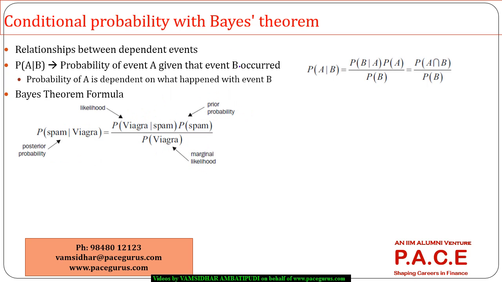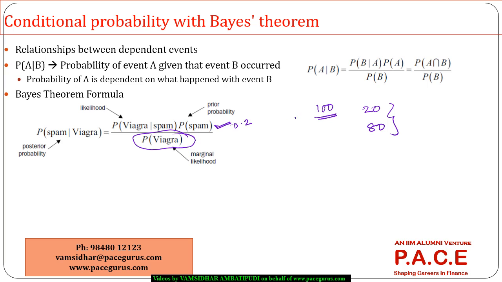If you see in the historical data, what is the probability that something is a spam? So out of 100 mails that I am looking at, let's say 20 of them are spam, 80 of them are hams. So the probability that something is a spam is 0.2. What is the probability that the word Viagra is present in the mails?